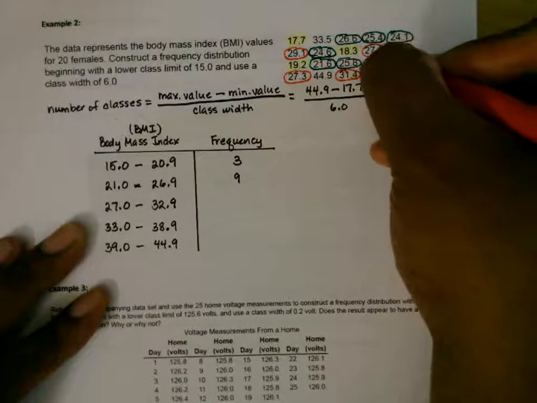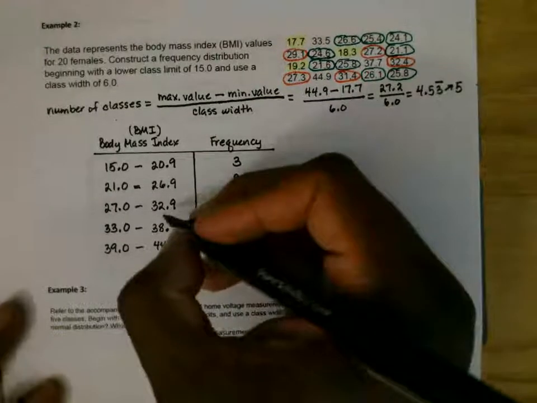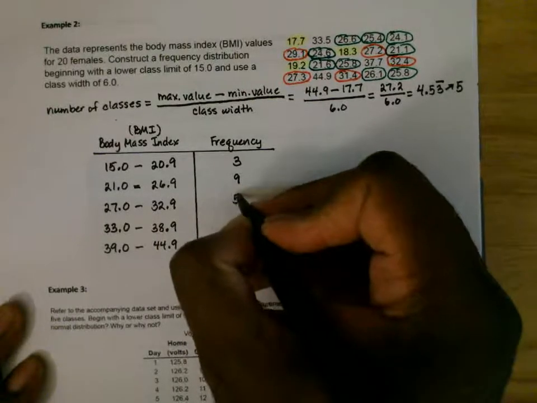And 32.4. That's a total of 5 that are between 27 and 32.9. So for 27 to 32.9, the frequency for that class will be 5.